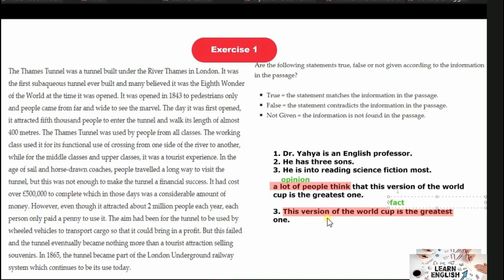They are the opposite, because opinions are controversial. While people say that it's the greatest one, you'll find others who say no, it is not. But facts are generally agreed on, right? So they are the opposite. So this is going to be considered false. It is not correct, because facts contradict opinions, simply. Okay, clear? I think you got the point regarding this one.